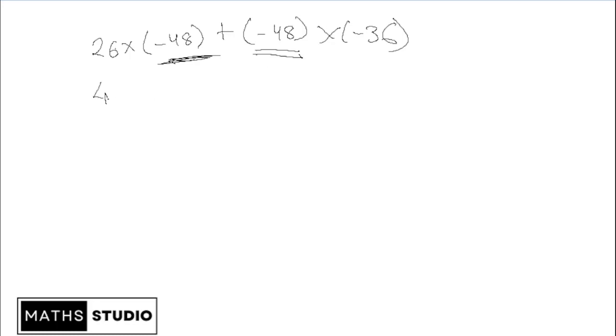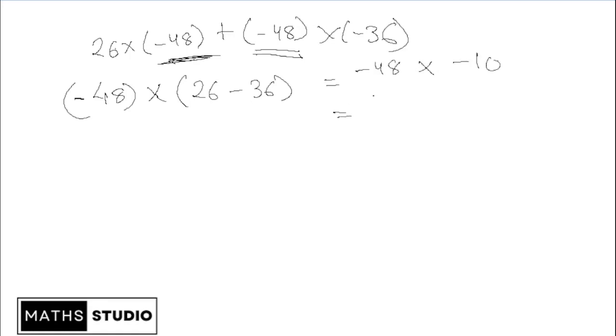So we can write the same thing as minus 48 into 26 minus 36. Finally we are going to get the answer as minus 48 into minus 10, which is minus into minus, that will give us plus. So the final result will be 480.